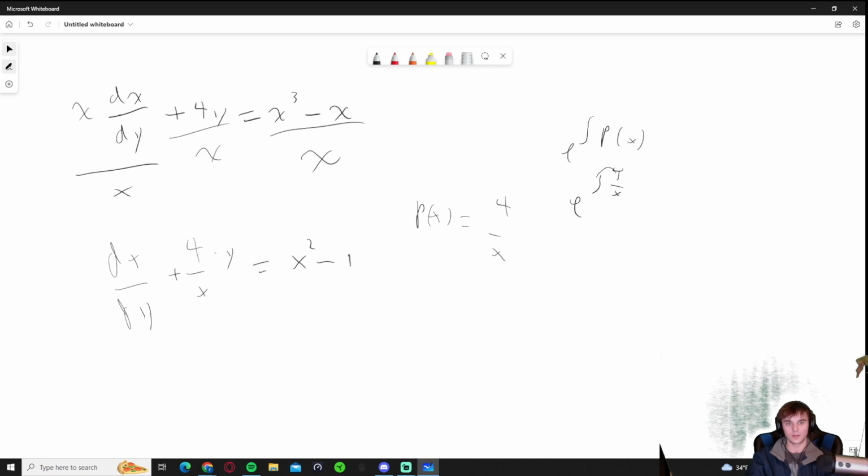So we could take the 4 out front and get e to the 4 times the integral of 1 over x, and as we know, the integral of 1 over x is ln of x. Simplifying this down, it ends up being x to the 4th power.